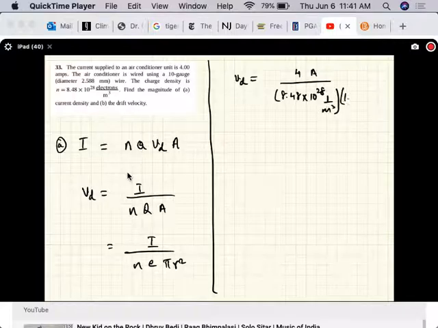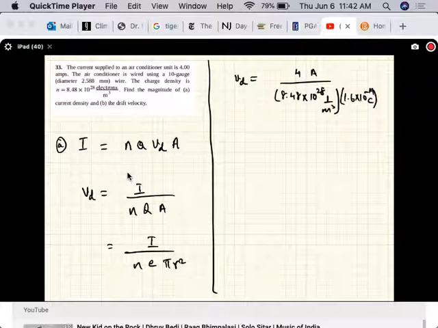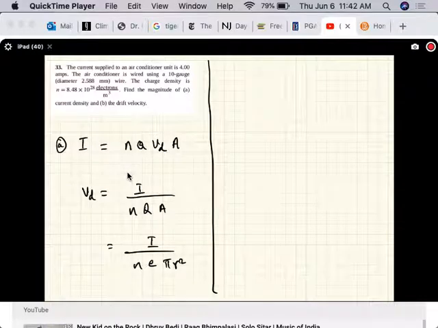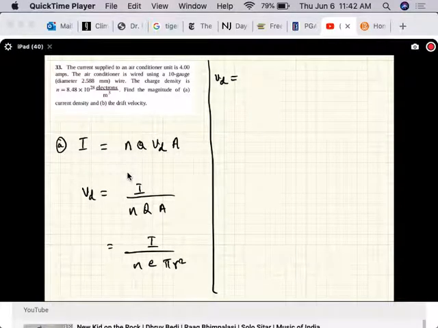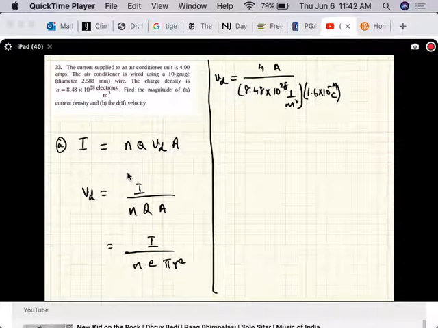The charge of the electron is 1.6 into 10 to the minus 19 coulombs. And pi R squared.